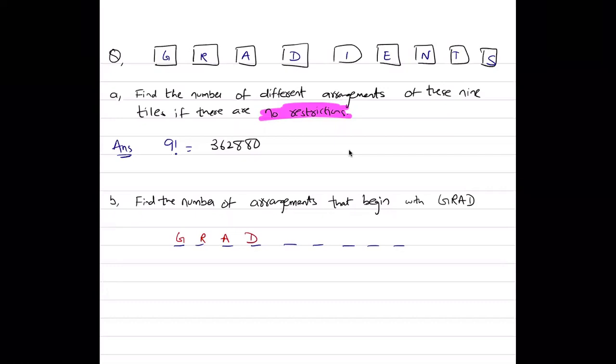So there is a restriction present for the first four tiles. They can't shuffle, they can't change. You need this order. But what about the remaining five tiles? Is there any restriction for that?